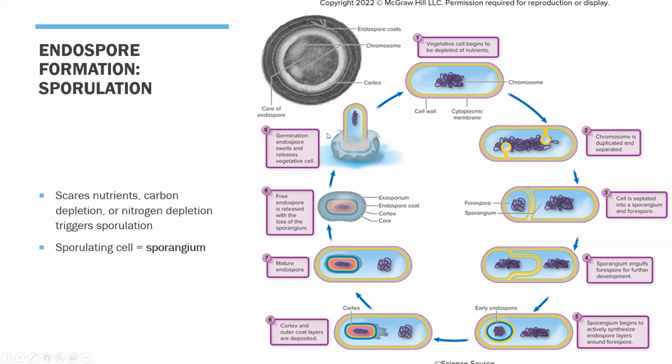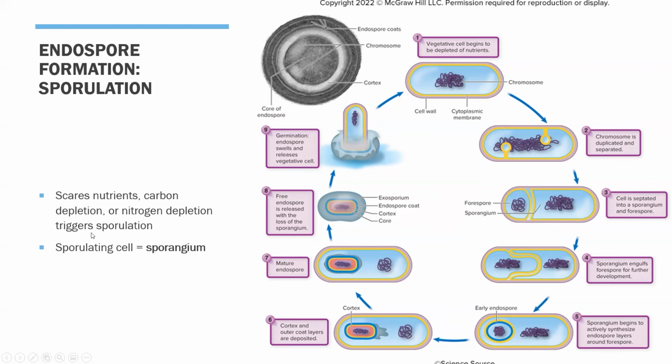And then when it improves, we'll see germination, in which the endospore will swell because it has water inside of it. It's getting rehydrated again, and it will release the vegetative cell found on the inside, and it can go back to its everyday life.